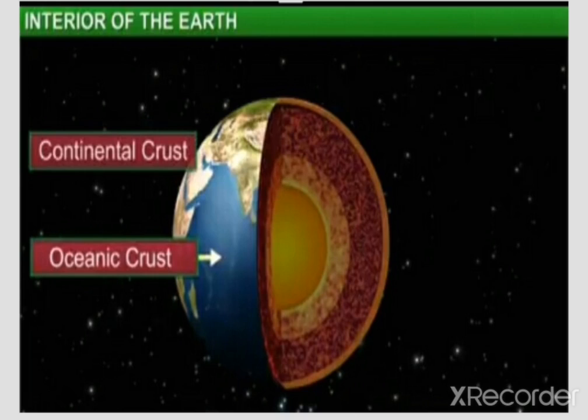So as we compare the thickness of all three layers of the earth, the thinnest layer is the crust. Because the thickness of the mantle and the core is more as compared with the crust, the crust is the thinnest layer of the earth. Clear everyone? Okay.